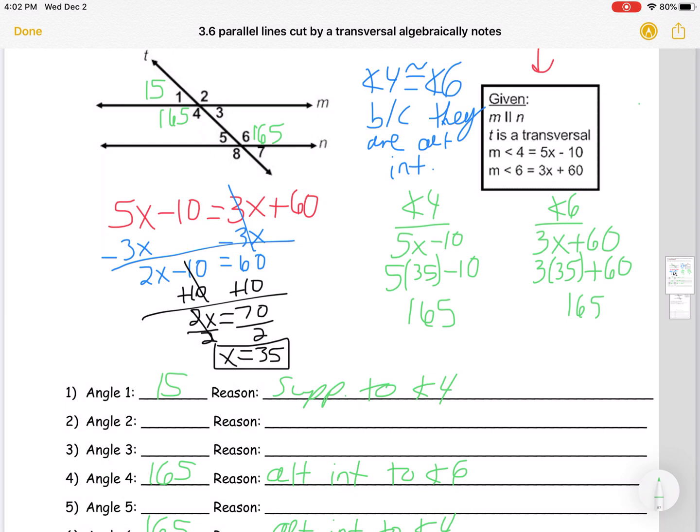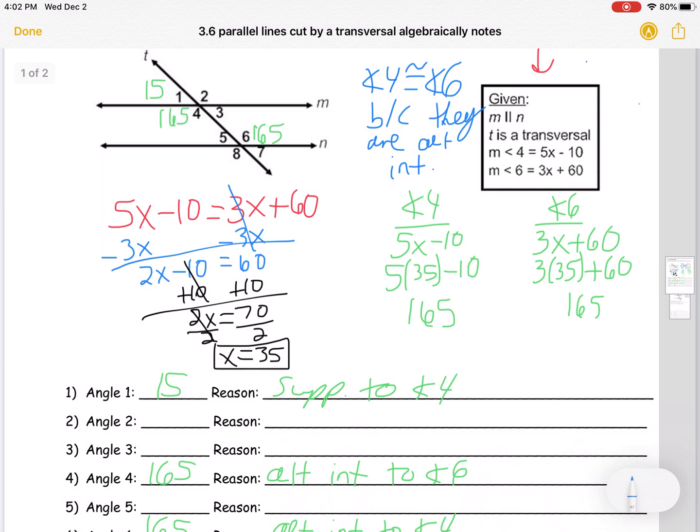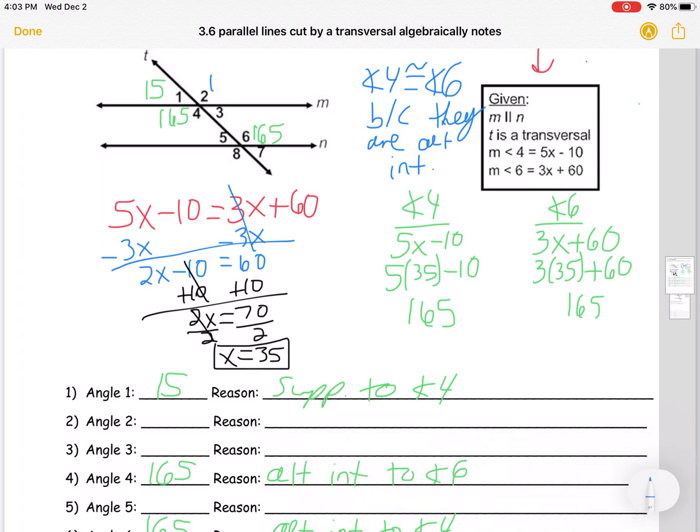Angle 2, there's two ways I can do it. The first way I can say is, okay, angle 2 is supplementary to angle 1. It forms a straight line. Or I can say angle 2 is vertical to angle 4, so they have to be equal. So angle 2, no matter how I do it, is going to be 165.